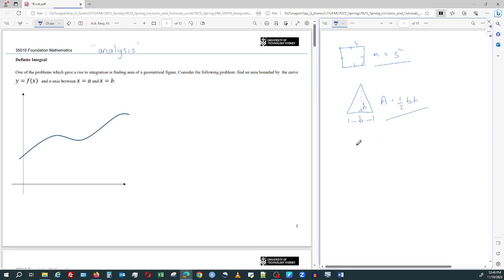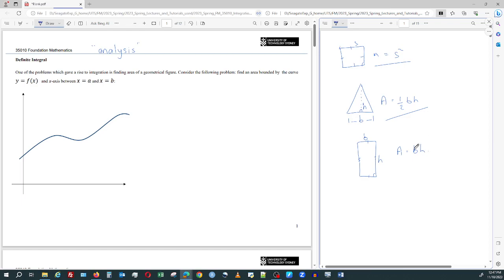Even for a rectangle, we could have length times width, and the area of the rectangle would be just the breadth of the thing times its height.